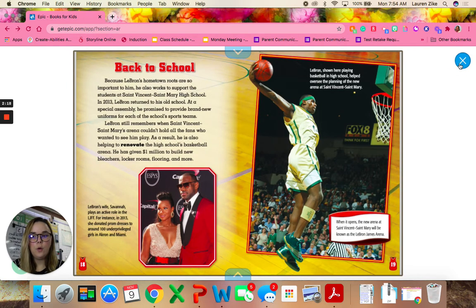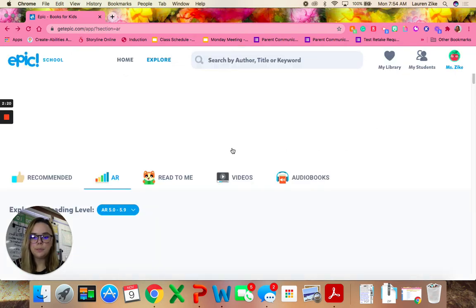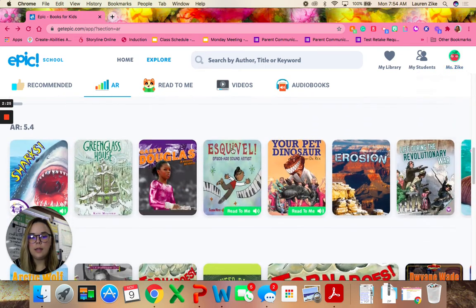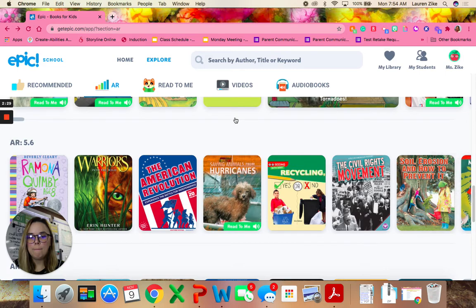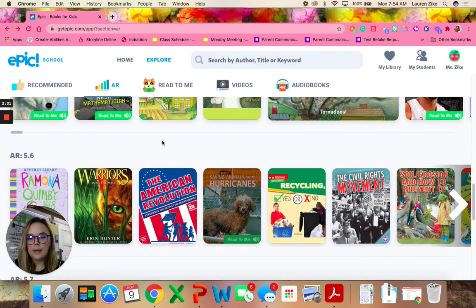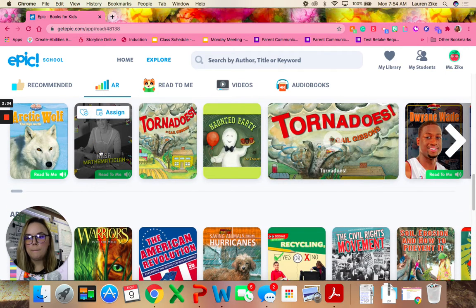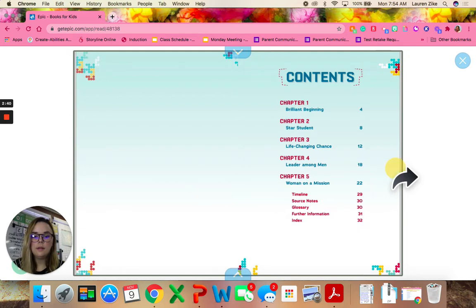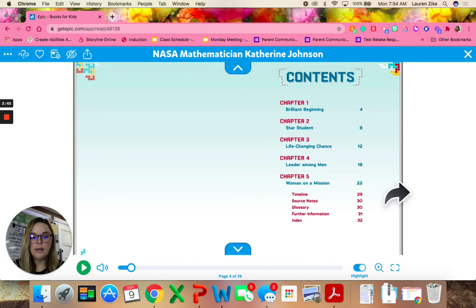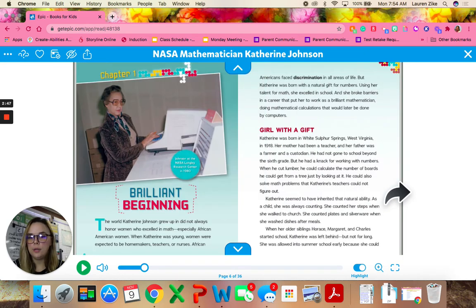And let's look at one more text. Let's look at this one about NASA mathematician Katherine Johnson. So we have a table of contents explaining what each chapter is and what we're going to be learning about in each chapter. We have photos again.